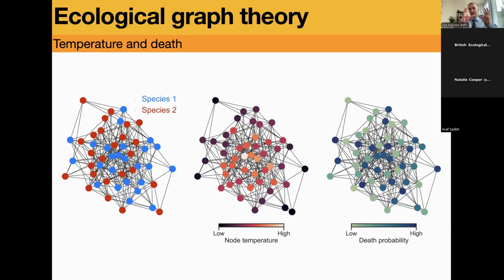Now, this is a very simple idea. What it means is that you can actually have several things incorporated in this type of model to study coexistence. The easiest one is that it's an individual-based model. So you have individuals belonging to different species in a given community, and you can have variance in various traits.